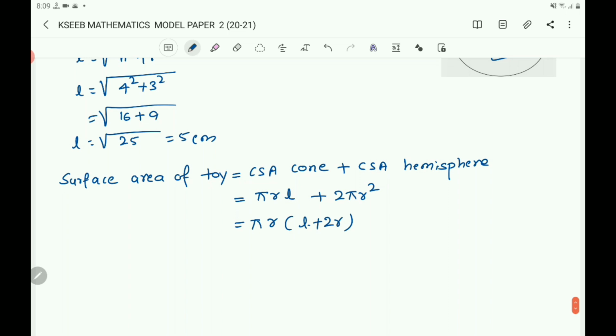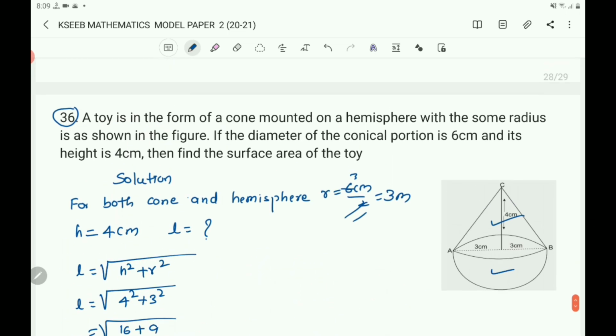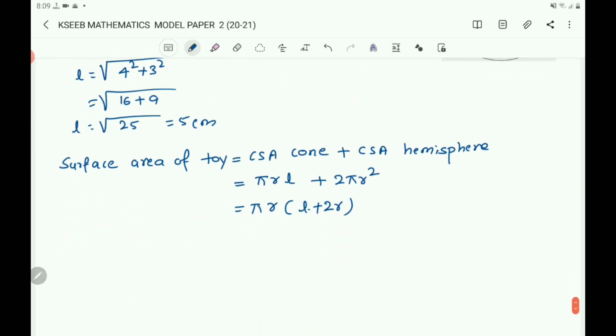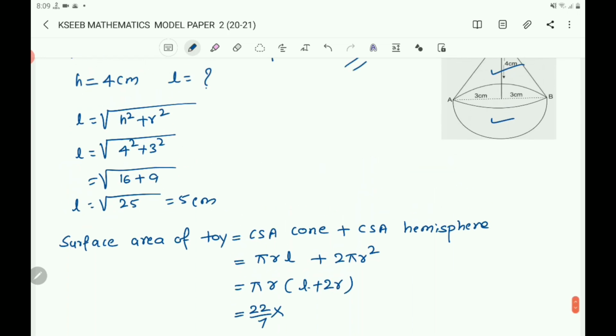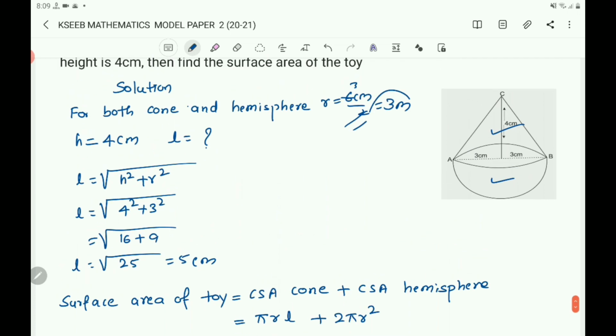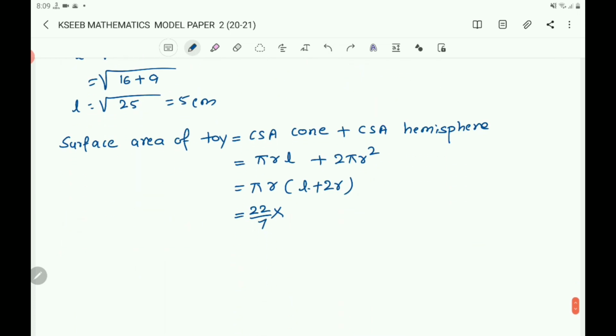Then the value of pi, you take pi equals 22 by 7. R is the radius, that is 3 centimeter, so you put 3 centimeter. Then L is 5, you put here 5 plus 2 into r.